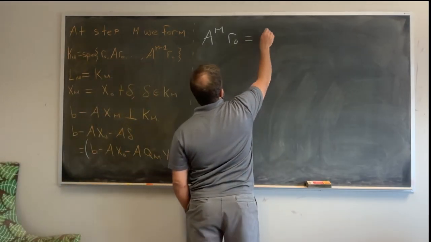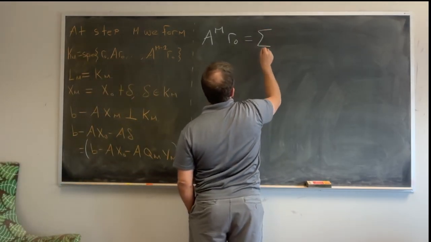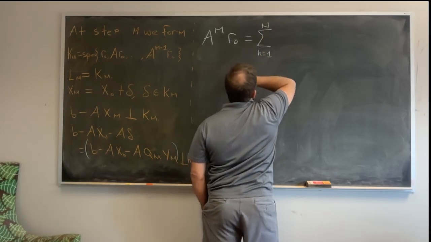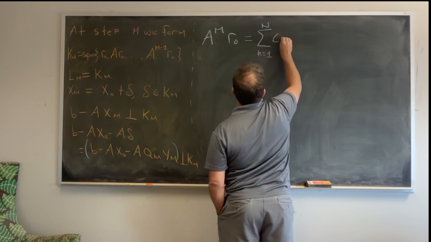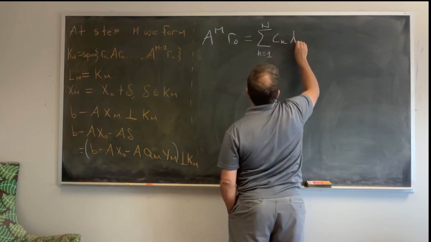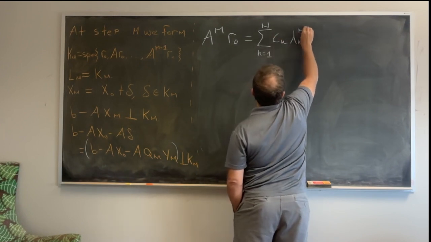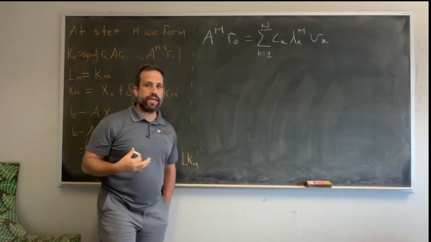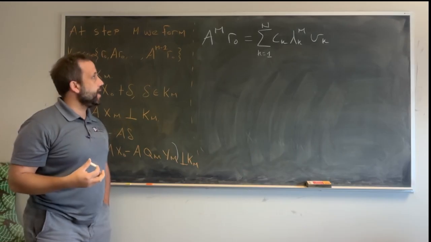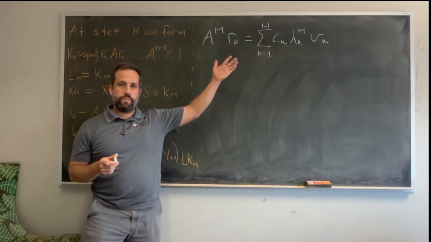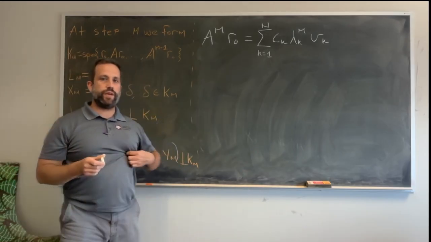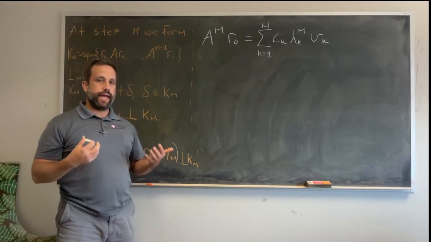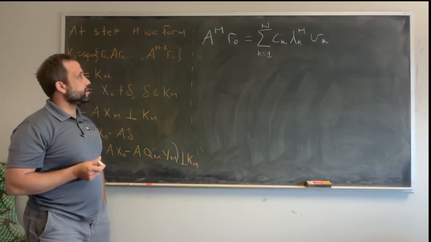And so if this is the case, we can write this as the sum k equals 1 to n of ck lambda k to the power of m times vk, where I'm assuming that the vk's are the eigenvectors of A and the lambda k's are the eigenvalues. Remember, this is the standard formula for when we can diagonalize a matrix, in other words, if there are linearly independent eigenvectors.